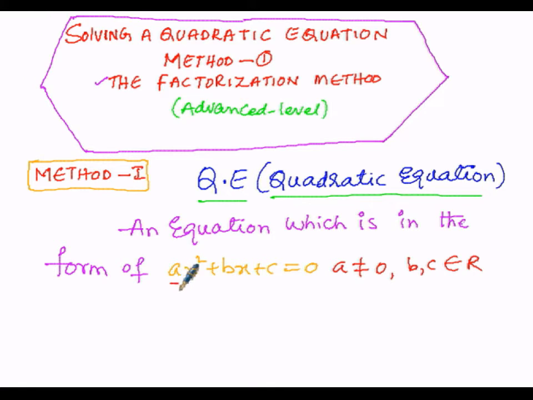So here a is the coefficient of x square, b is the coefficient of x and c is a real constant. Whereas b and c are real numbers and a should not be equal to 0, in which the variable is x. An equation in the form ax square plus bx plus c equals to 0 is known as a quadratic equation.